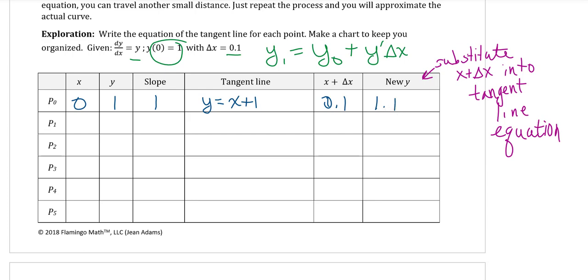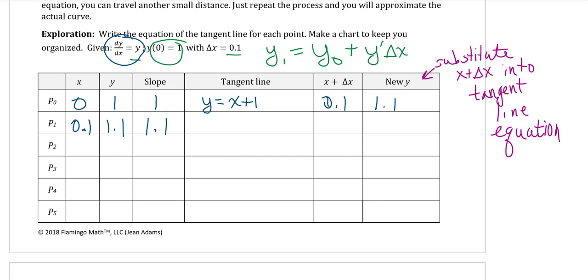Now we're going to repeat that process. Our new x is 0.1, our new y is 1.1, and we're going to use our equation dy/dx equals y to get our new slope, so that's 1.1.